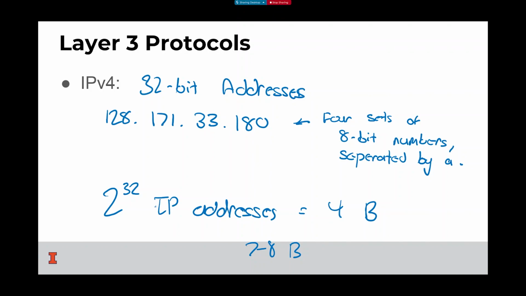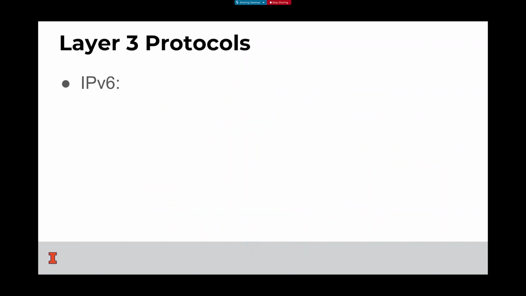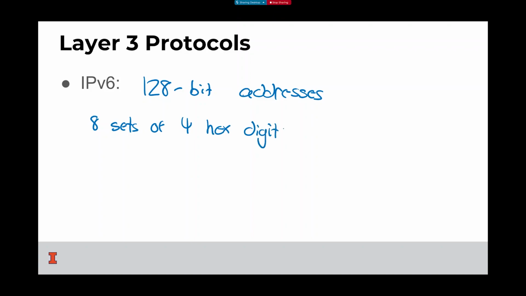But about 10 years ago they wrote a new protocol called IPv6. IPv6 addresses are 128-bit addresses, and they are written as 8 sets of 4 hex digits, separated by a colon.